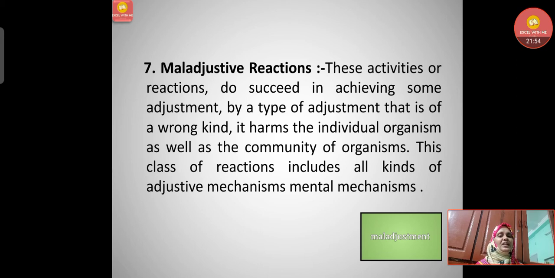So these activities can succeed in achieving this adjustment. In this adjustment, the wrong kind of things may also happen here. It can harm the individual organism. If they are going in a good way, that's well and good. Otherwise, they will go in a wrong manner, and it will lead to harm to the individual organism and even to the community also.